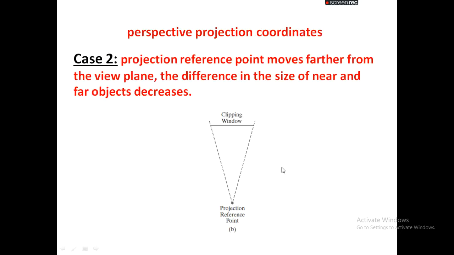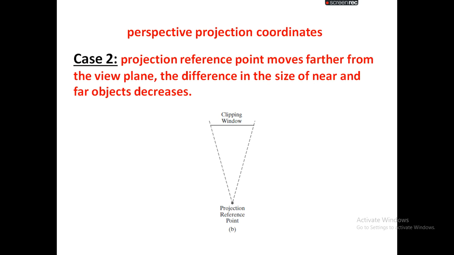In case two, assume that I kept the projection plane at a distance of 2 meters from the projection reference point. So 2 meters means I kept the projection plane far away. Then the difference in the size of near and far objects decreases.